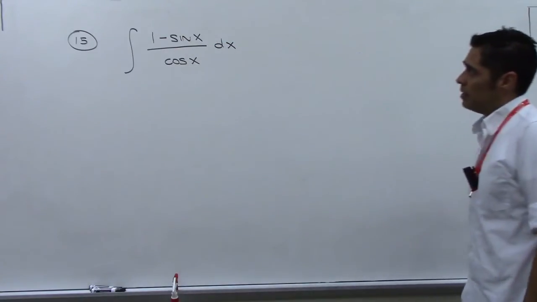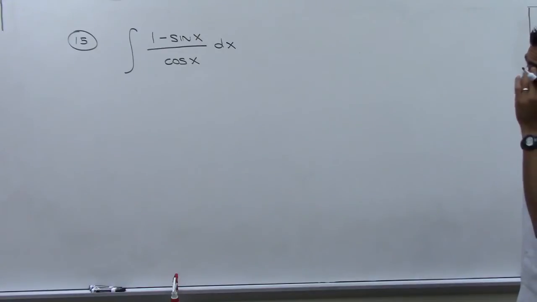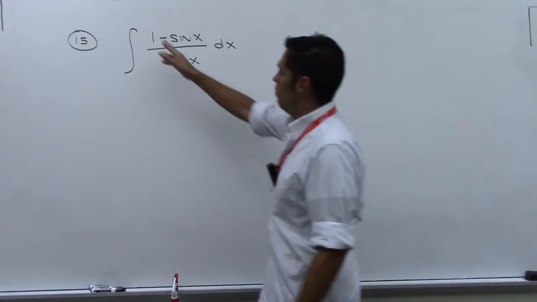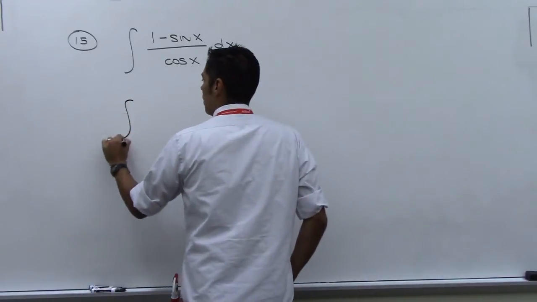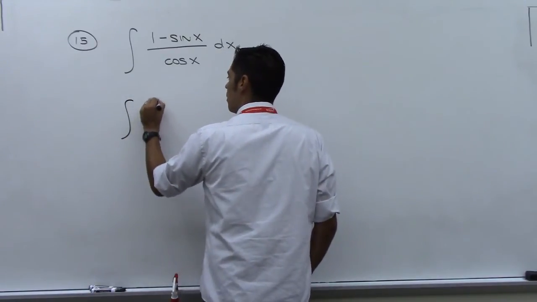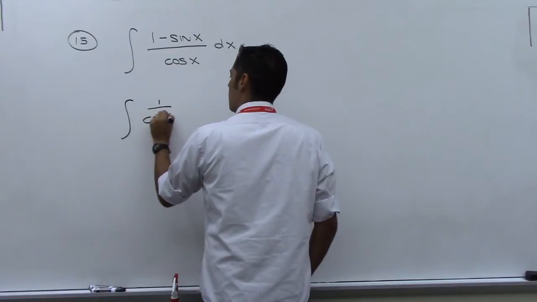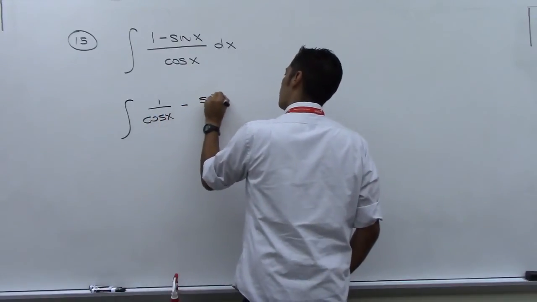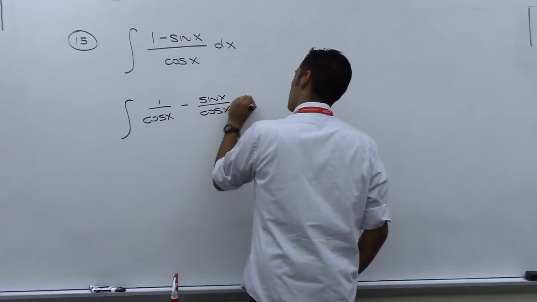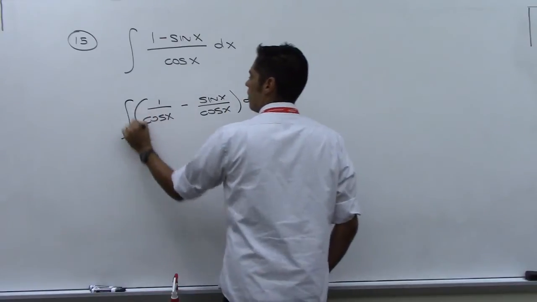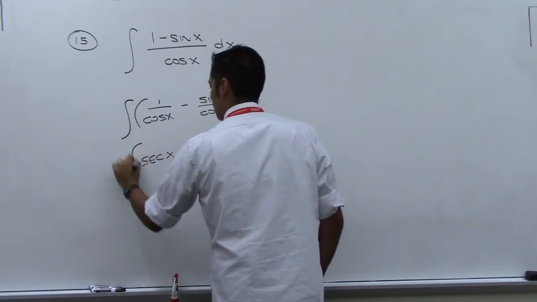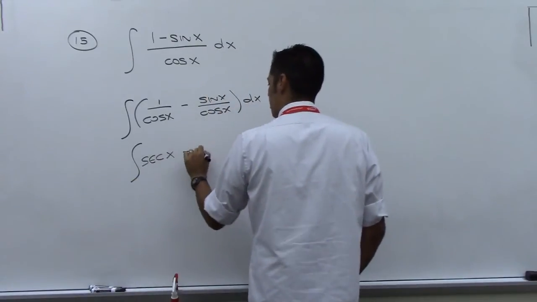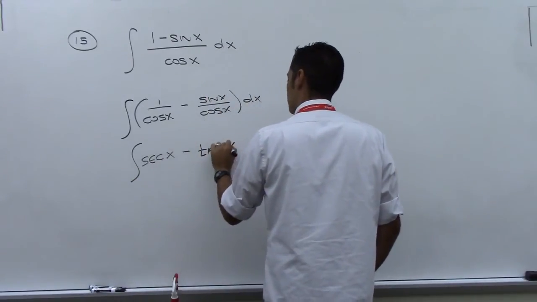Well, initially, I see I can split it in two fractions because I have 1 over cosine, sine over cosine. Let me just write that down. That would be 1 over cosine x minus sine x over cosine x dx. 1 over cosine is secant x minus sine over cosine, which is tangent x dx.